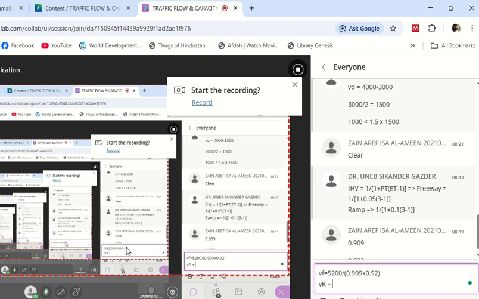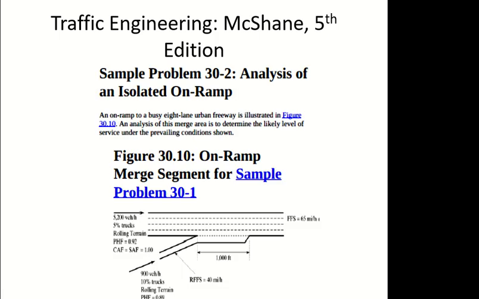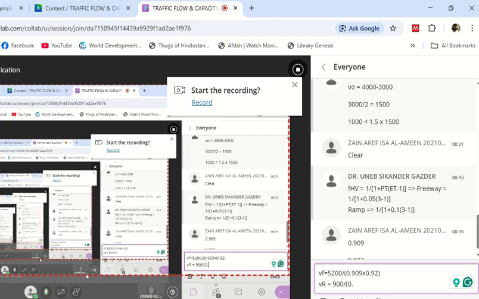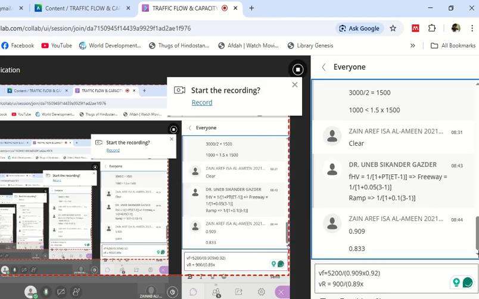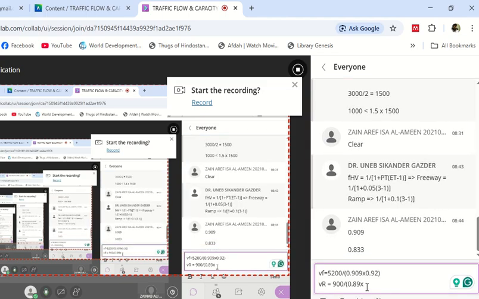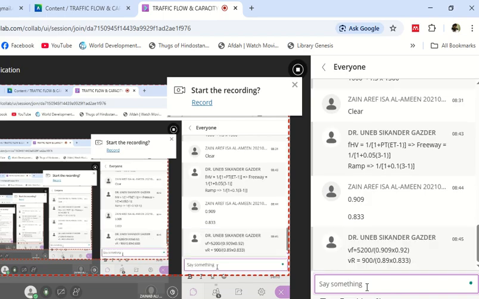For the ramp, it will be 900, divided by the peak hour factor 0.89 and the factor 0.83.